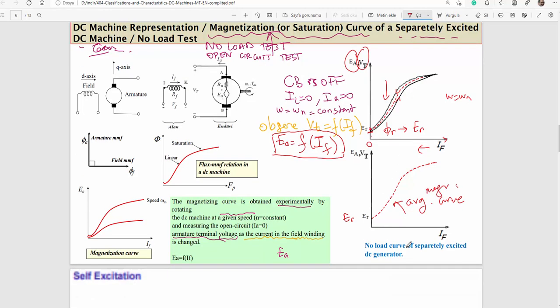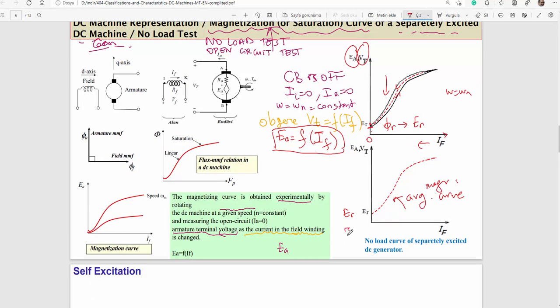When you keep speed constant, EMF is equal to Ka times flux times angular speed. That is constant. That is constant. So EMF is equal to gamma times flux. And you know, flux is a function of field current.